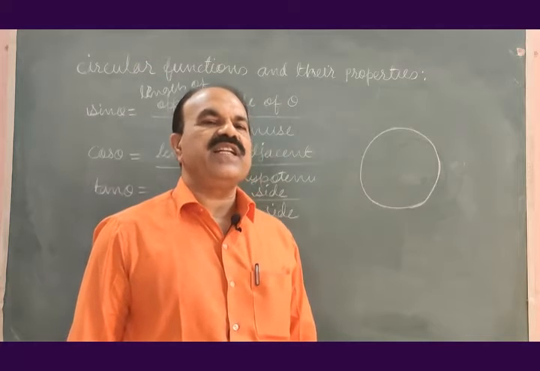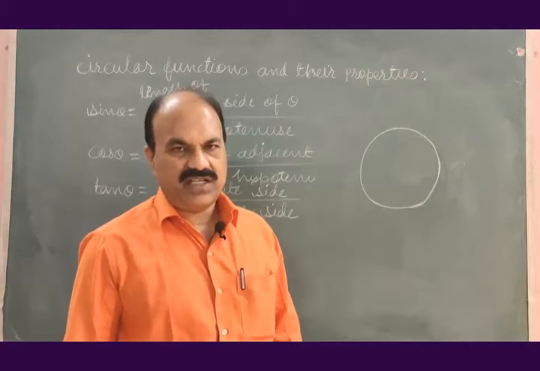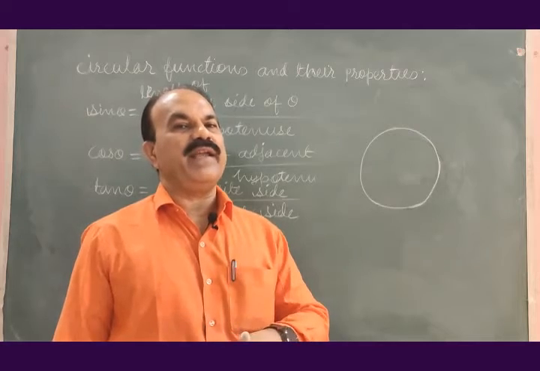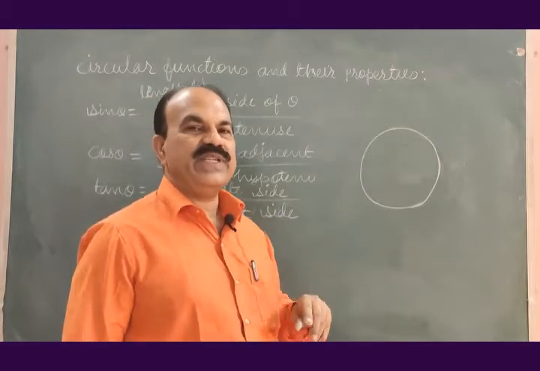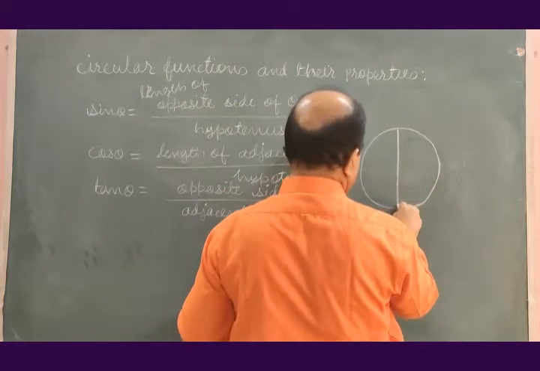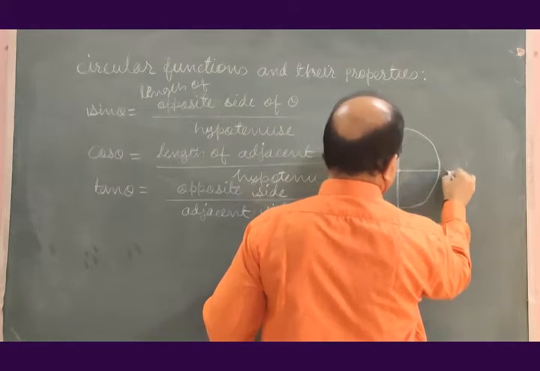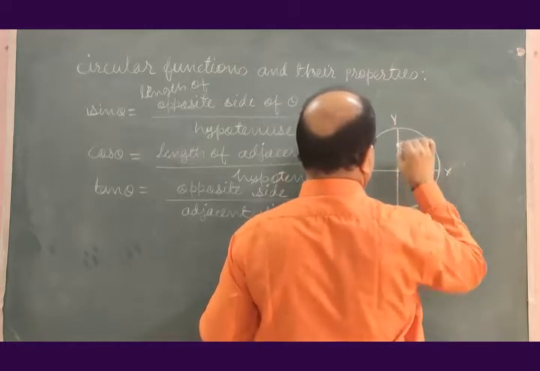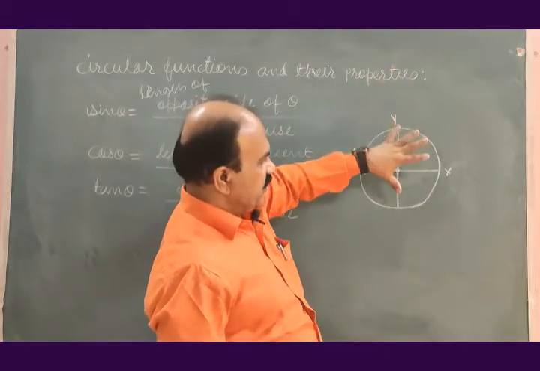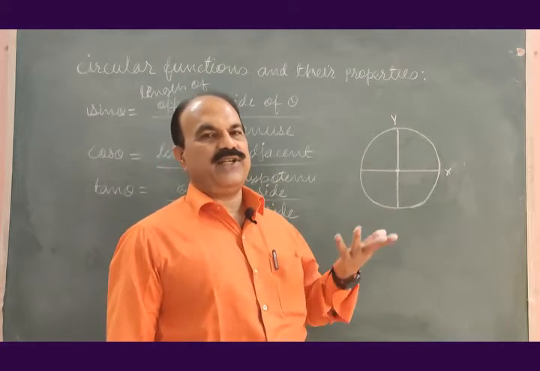After drawing the unit circle, draw an xy coordinate plane in the unit circle such that the origin of the xy coordinate plane will be the center of the circle. x-axis, y-axis, this will form the xy plane, a two-dimensional coordinate system.